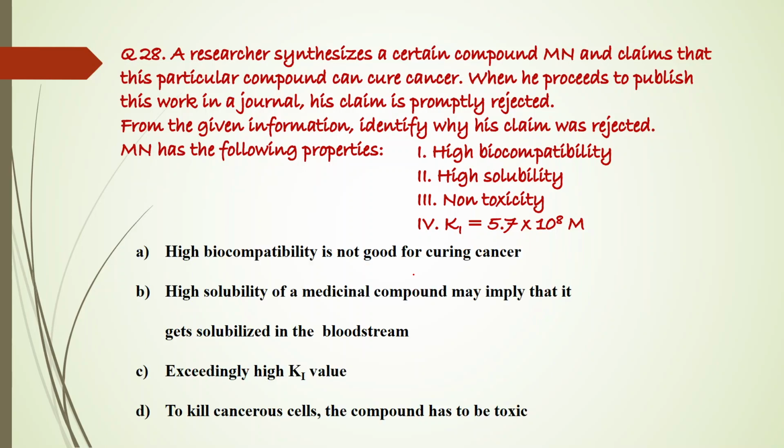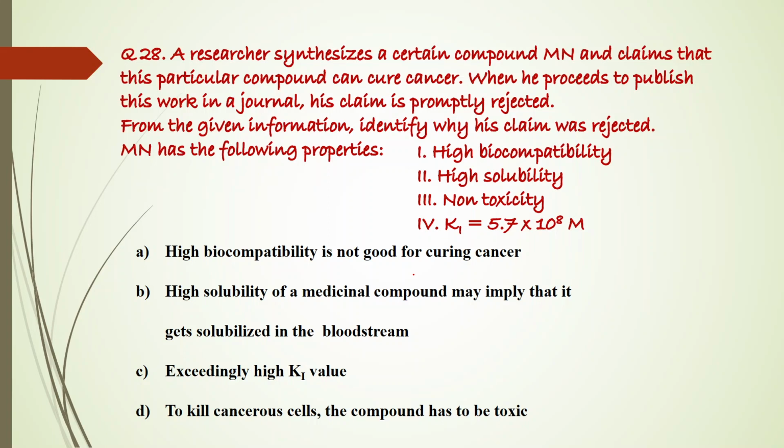Okay. Fine. This again states that a researcher synthesizes a certain compound known as Mn and claims that this particular compound can cure cancer. When he proceeds to publish this work in a journal, his claim is promptly rejected.